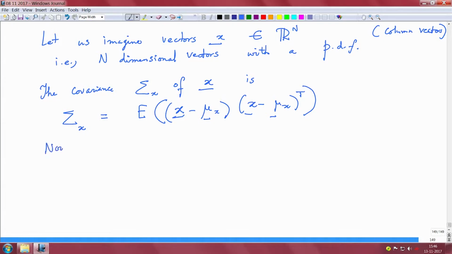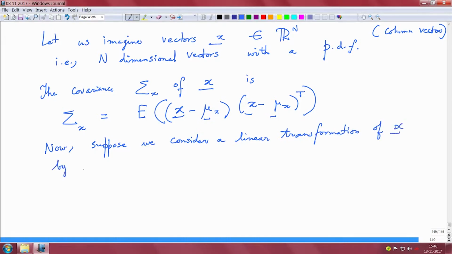Now, suppose we consider a linear transformation of x by A. Let A be some linear transformation of x, which means y equals A times x, right, familiar transformation.